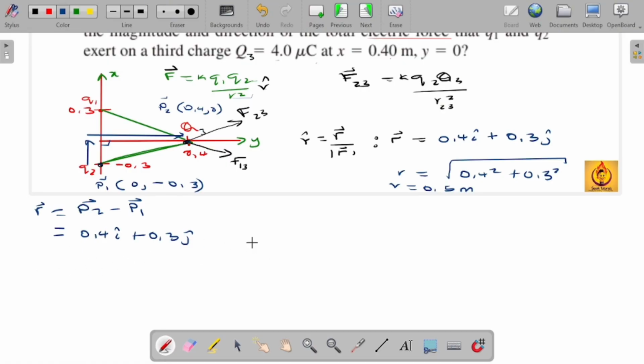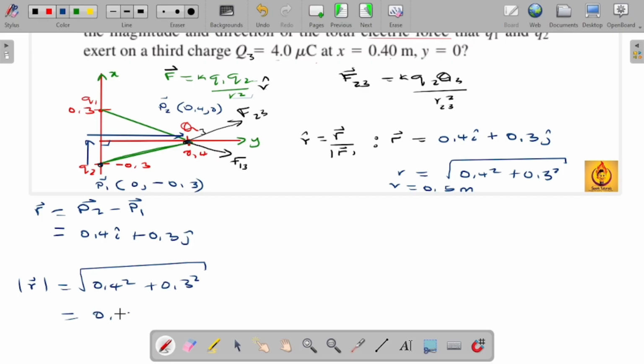Now, after finding this as a vector, to find the magnitude, we use the Pythagorean theorem, which says take the components, square them, and take the square root.